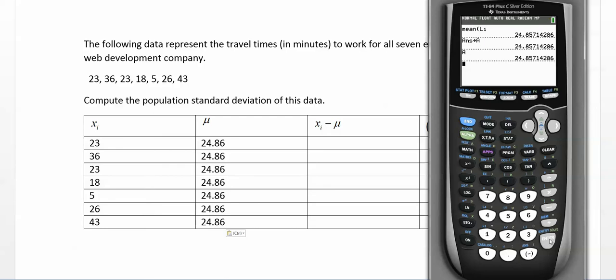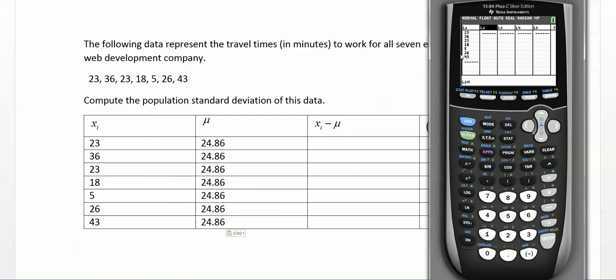Let me go to stat list, then edit, and this time go to list 2 and go on top of list 2. Be very careful not to hit delete. On top of list 2, I'm going to define a formula: in list 2, I want the observation minus the mean.